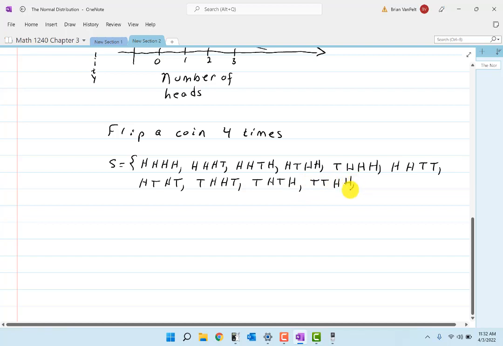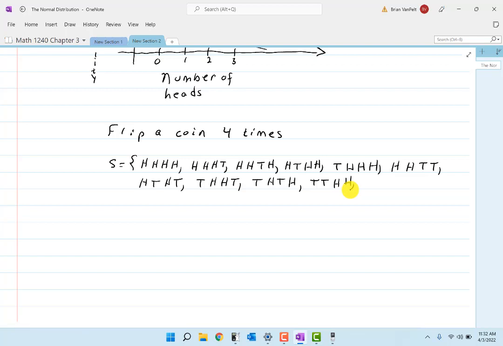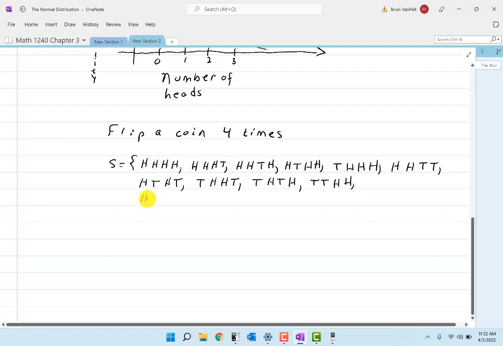Now let me do all the ways that we can have exactly 1 heads. So that can look something like this. And then we can have tails, heads, tails, tails. Then tails, tails, heads, tails. Tails, tails, tails, heads. Those are all the ways that we can have 1 heads. And then how many ways can we have 0 heads? Well, that's just all tails.